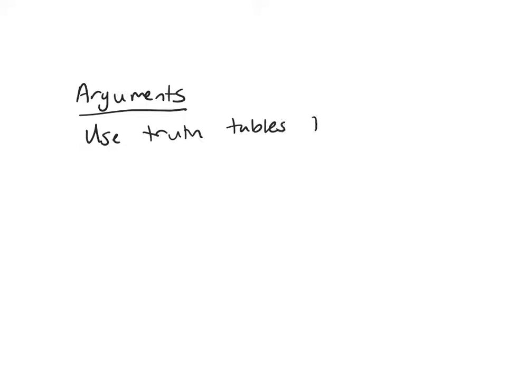So now let's talk about arguments. That's our final topic in this statements and arguments part. So what did we really do when we were working with arguments? We use truth tables to determine the validity of an argument.